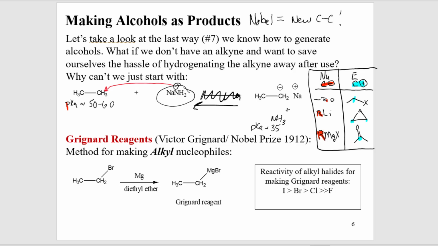One of the methods for doing it is to use magnesium metal. So what you do is you start with the alkyl halide of your choice. So let's say, if ethane was what you wanted to be your nucleophile, then you start with ethyl bromide. And just like sodium, when we were doing sodium metal in that previous slide, magnesium metal can be cut.